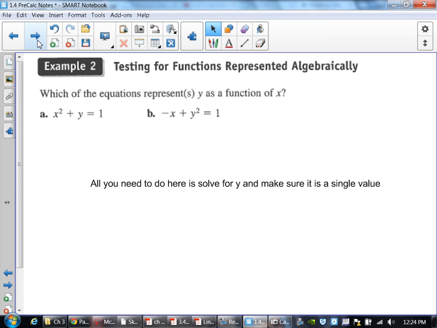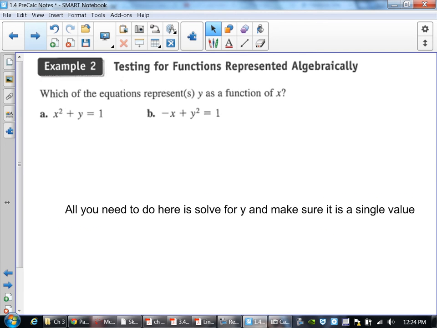Algebraic. This is something that's a little bit different. When you want to test something algebraically for a function, what you need to do, and I wrote this out here, is solve for y and make sure that's just a single value.